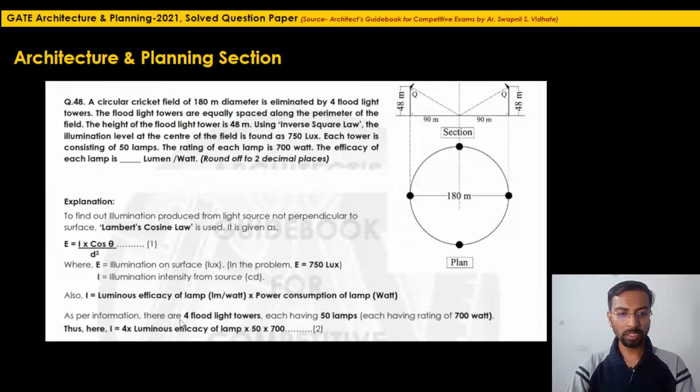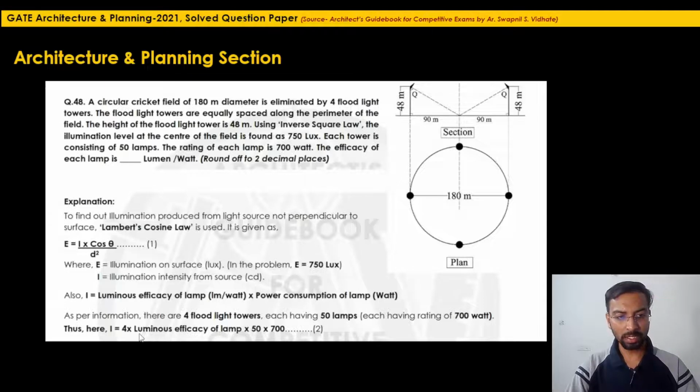So as per the information, there are 4 floodlight towers, each having 50 lamps. There are 4 towers, each tower contains 50 lamps, each having a rating of 700 watt. So here I will be 4, because there are 4 floodlight towers, into luminous efficacy, because we have to find the efficacy of each lamp.